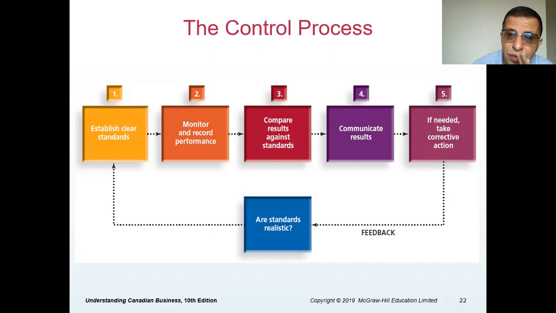And then whatever the result, you communicate it with the employees, your manager. So whether you need more power, you need to motivate, more pay. And if needed, as we said, you can take corrective action, whether the standards are realistic or not, make it more realistic, or you need more resources to make it realistic.